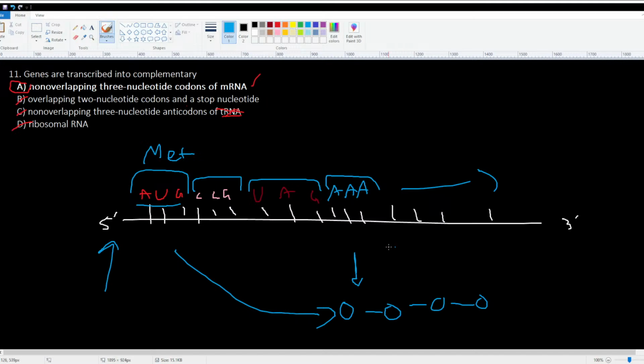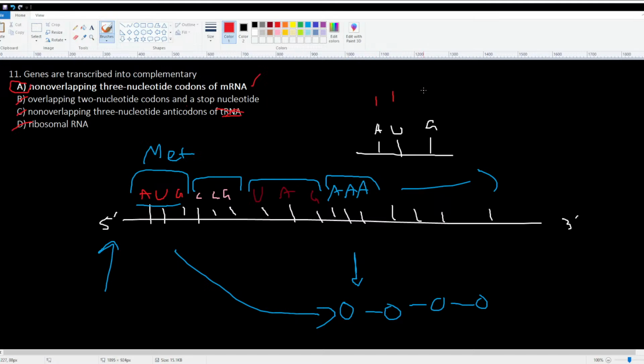Via an anticodon. So if we have the mRNA, if we start at AUG, we have to have an anticodon that says the opposite.